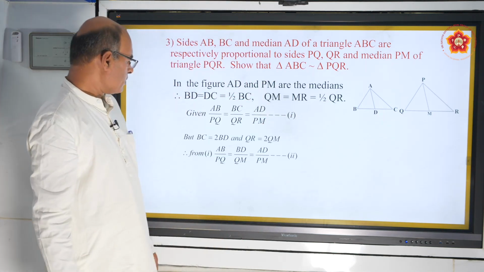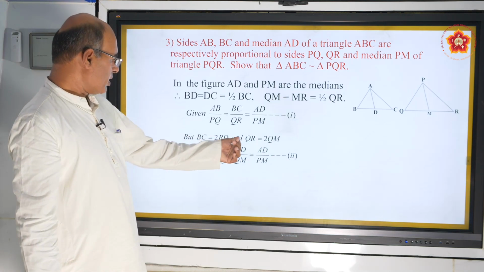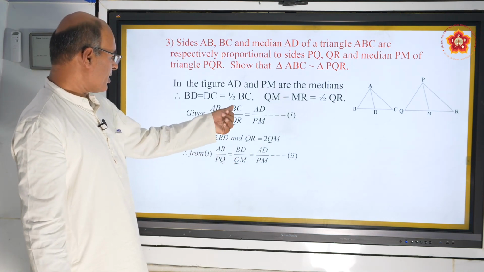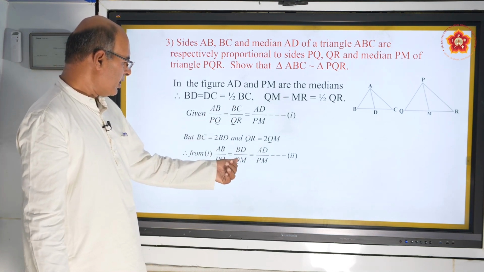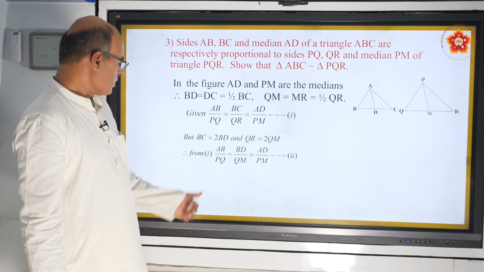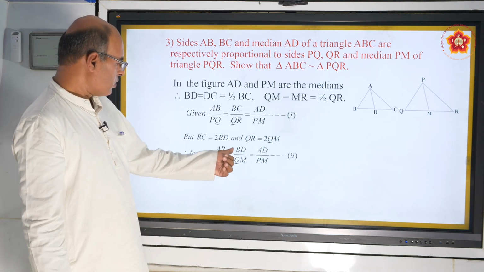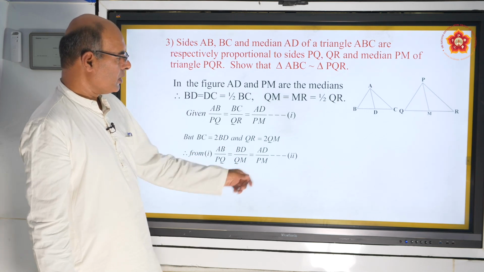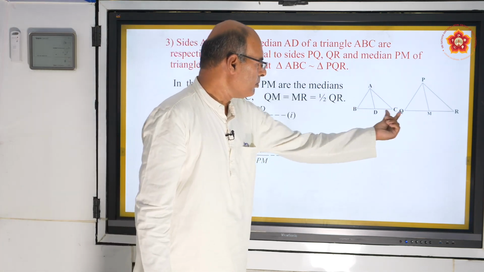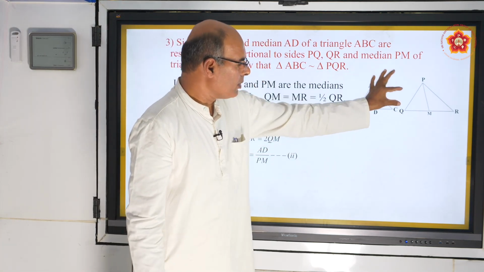So what you get? In the place of BC by QR, we have BD by QM. So AB by PQ is equal to BD by QM, which is equal to AD by PM.